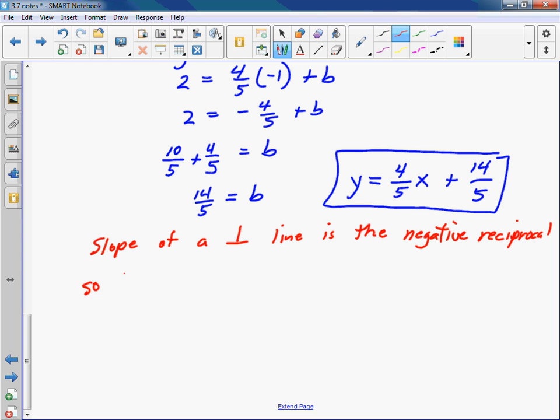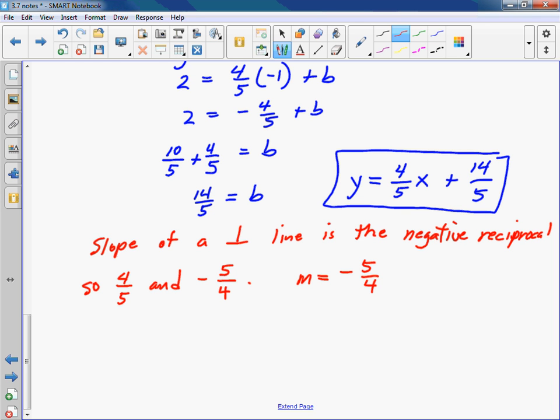So 4/5 and negative 5/4 equals negative 5/4.